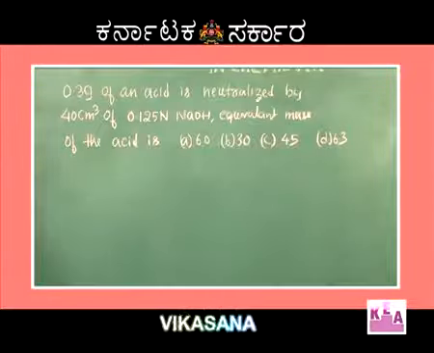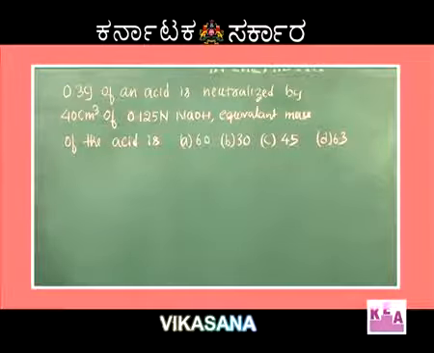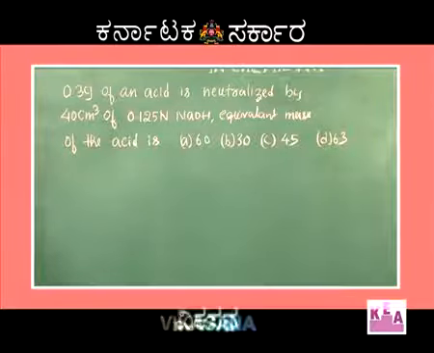Question: 0.3 grams of an acid is neutralized by 40 cm cube of 0.125 normal NaOH. Equivalent mass of the acid is option A 60, option B 30, option C 45, option D 63.